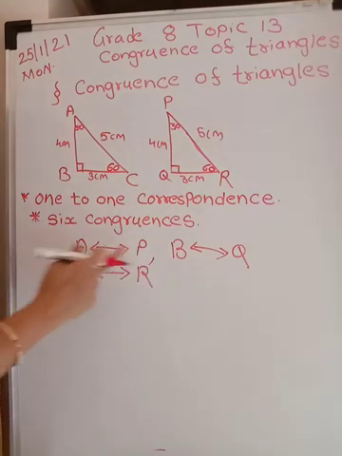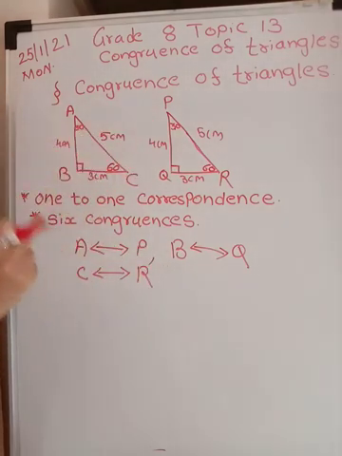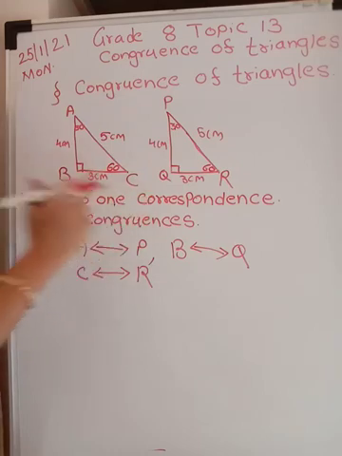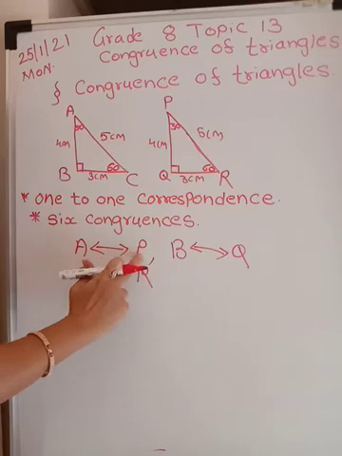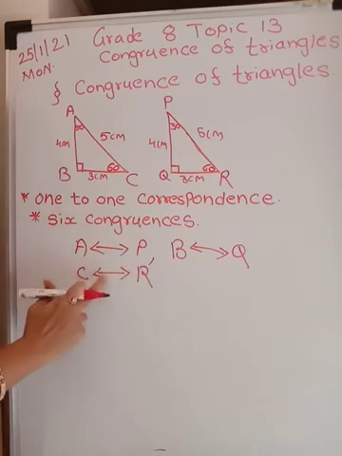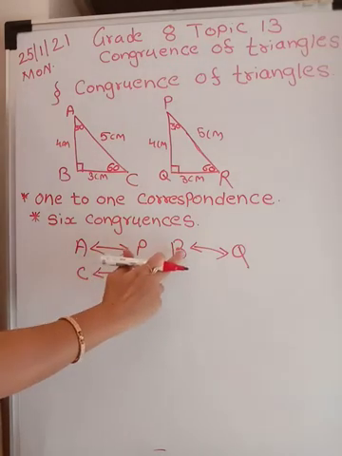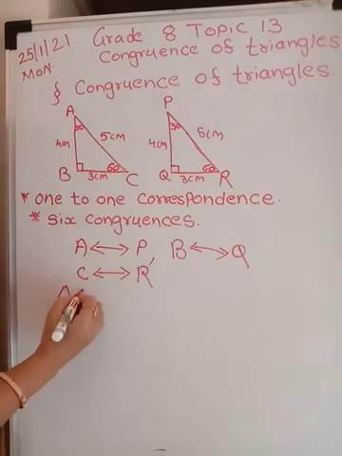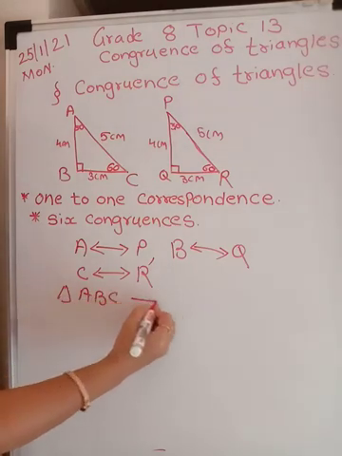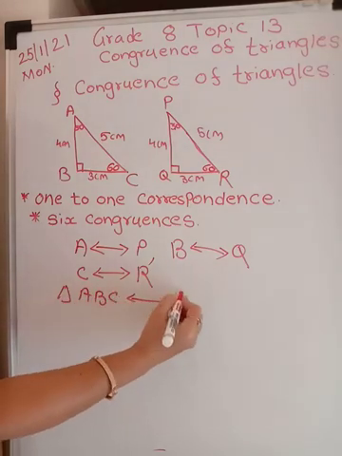The way in which the vertices are matching is called one-to-one correspondence. So A is in one-to-one correspondence with P, C with R, and B with Q. And therefore, the way you write it is triangle ABC has one-to-one correspondence with triangle.